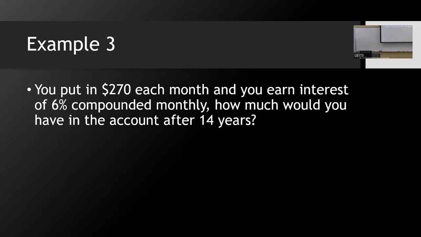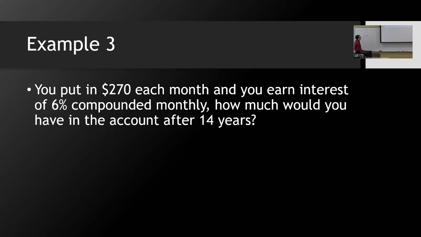So we did problems like this earlier. I'll just walk through this. We put in $270 each month, so I know my P is going to be 270, and my M is going to be 12, because we're doing things monthly. We earned an interest rate of 6%, so my R is going to be 0.06.